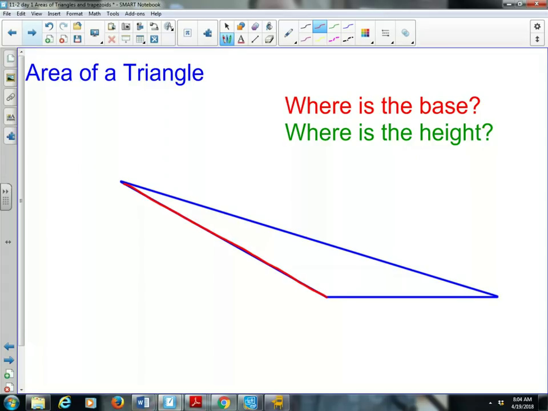If this is the base, where is the height? Well, again, we extend this outside the triangle, and then we extend this right here, and this perpendicular distance right here is going to be the height. So you got to be very careful when you do triangles. The height and the base are always perpendicular, just like parallelograms.